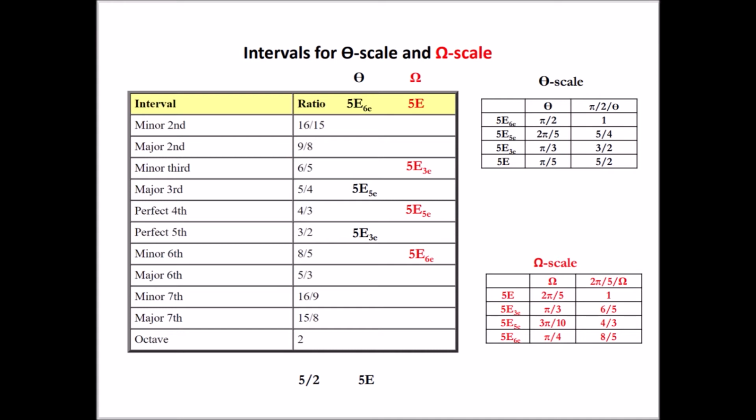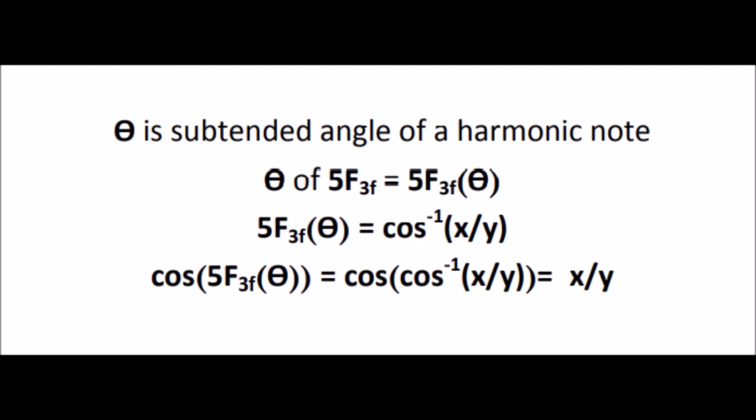Now in the next section, I'll describe some more complicated ratios that I found. Before I describe the next interval or scale of ratios, let me show you how the angle theta will be described and processed. Theta is the subtended angle of a harmonic note, and theta of any note can be represented by this nomenclature.